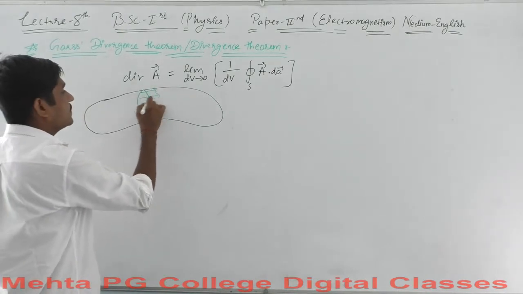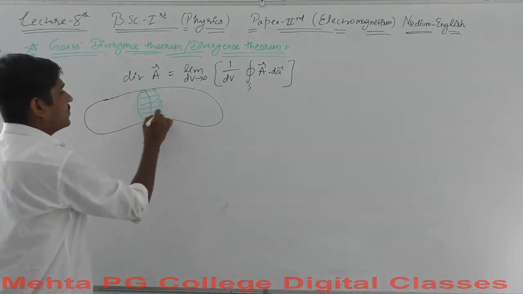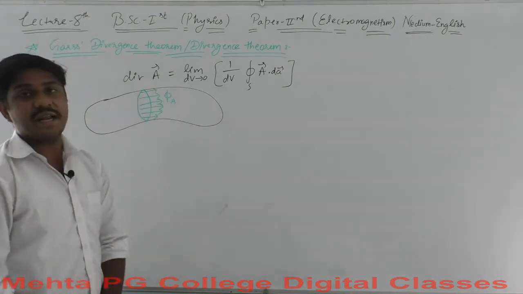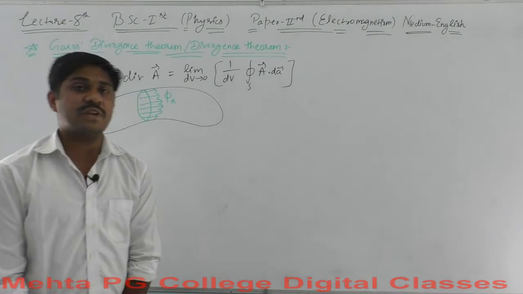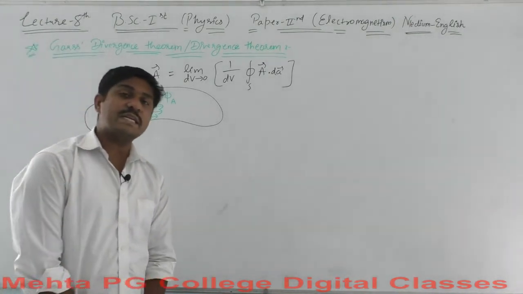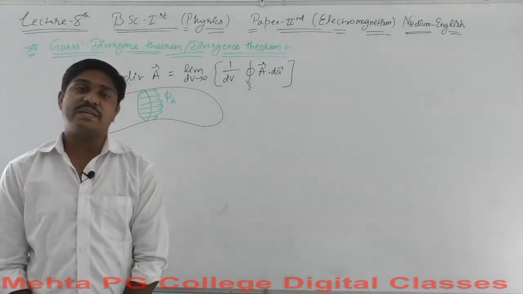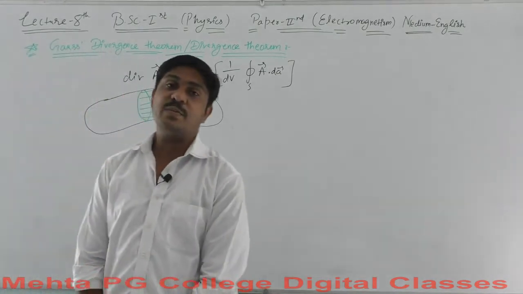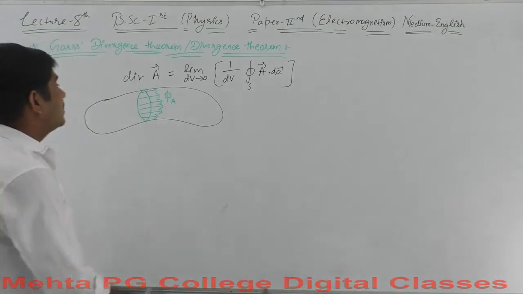Let's say this is the flux for vector A. I simply write it as phi A, because flux is which kind of quantity? It is a scalar quantity. It has only magnitude, not direction.